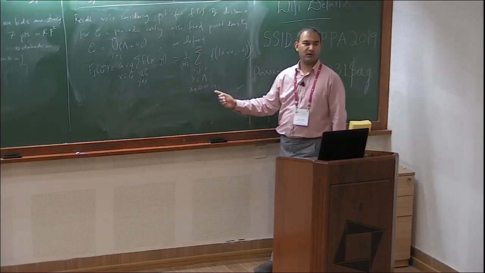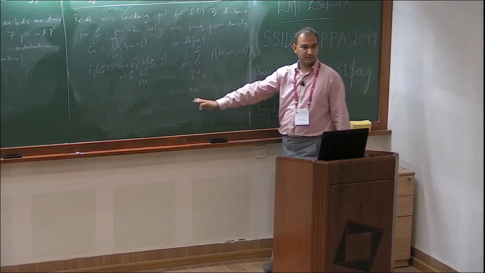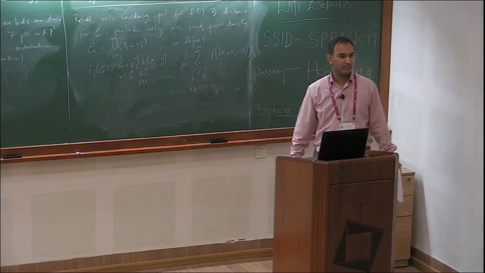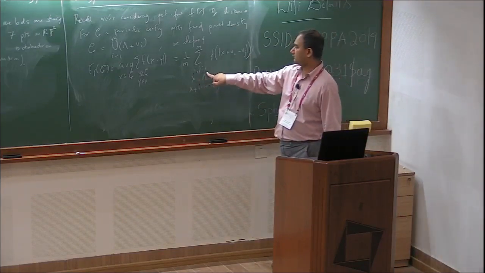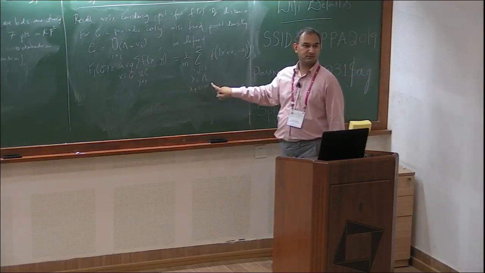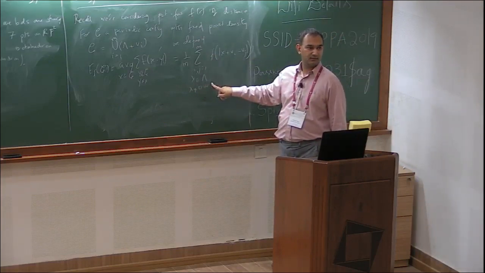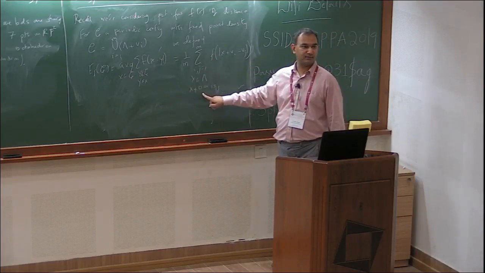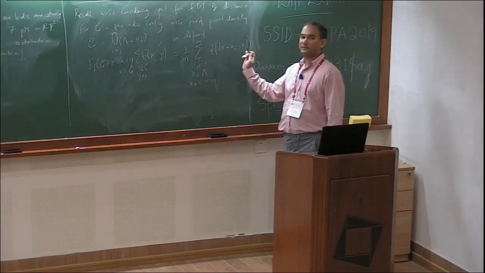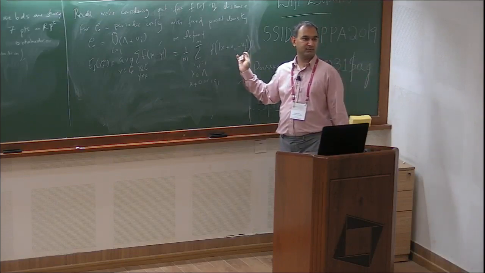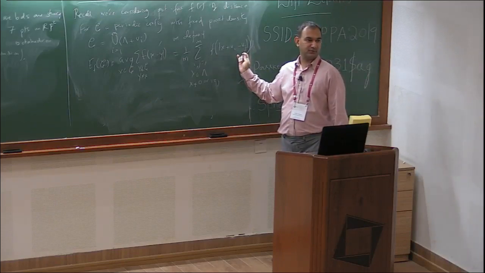So either x is not 0 or i is not j. So the sum is over all i, j going from 1 to m, and all x in lambda, such that x is either not 0 or i is not j. If x was 0 and i was j, that's exactly the situation where you would get the 0 vector showing up.